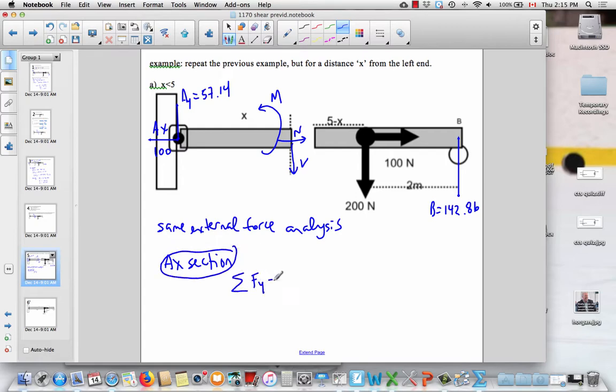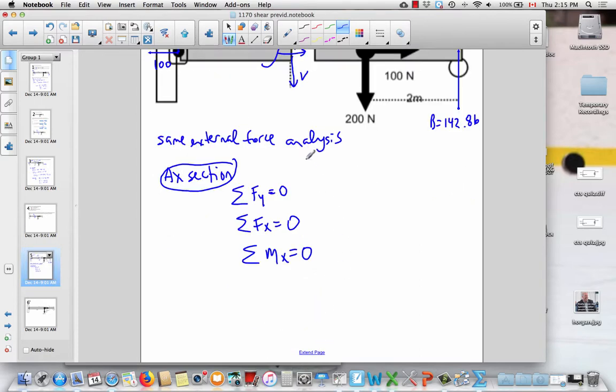And now we apply the conditions for equilibrium to the AX section. Y forces sum to 0, X forces sum to 0, and the moments about the section also sum to 0. This is, at the start anyway, quite similar to what we had before. In the Y direction, we've got upwards 57.14 and downwards V, then we've got tension to the right and 100 newtons to the left.